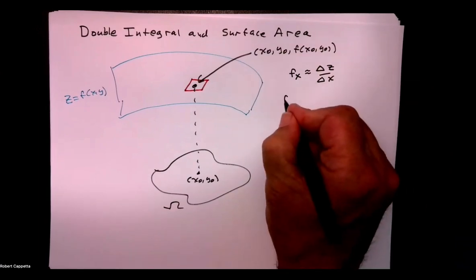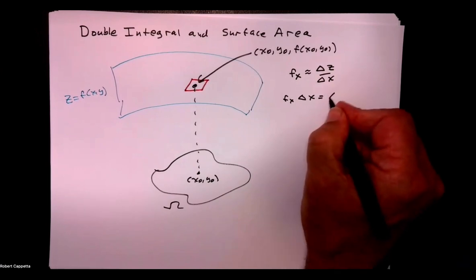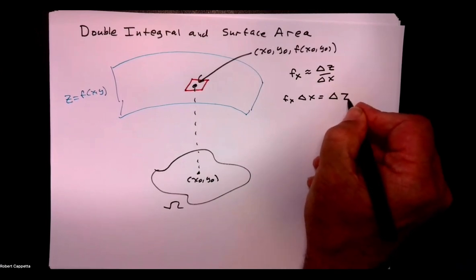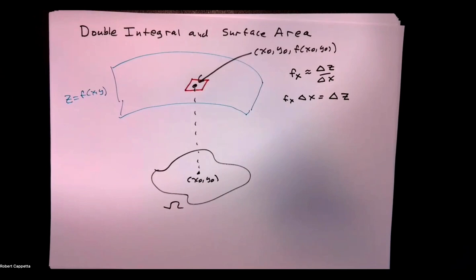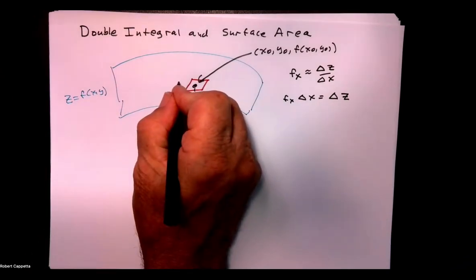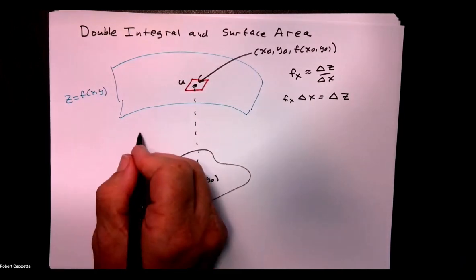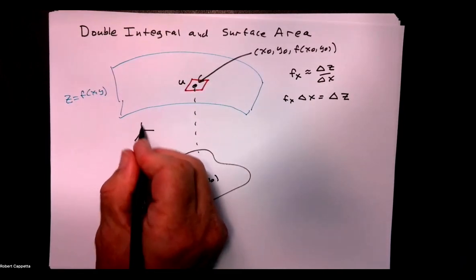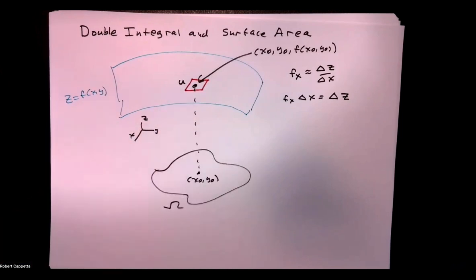Therefore, f sub x times the change in x is going to equal the change in z. But if we're looking this direction, there is no change in y. So if I call this vector u here, so that's typically in the x direction, right? X comes out at us, y goes this way, z comes up that way, right? X, y, z. If I'm looking at u, there is no change in y.